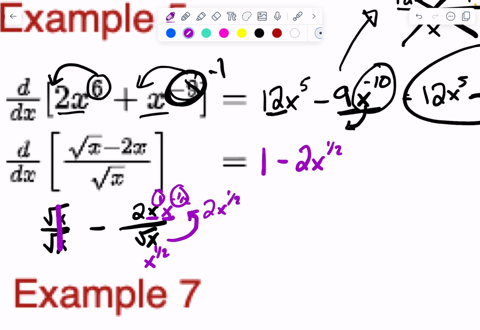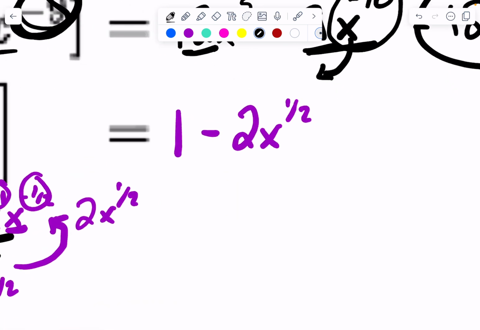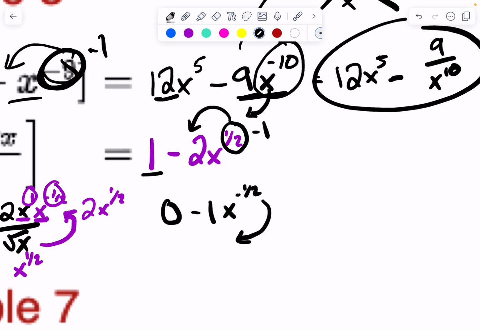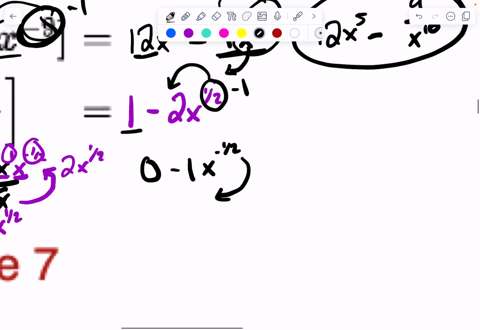The derivative of 1 comes out to be 0. For the other term, I bump the 1/2 down in front, so 2 times 1/2 is 1, with the negative sign making negative 1. If I subtract 1 from the exponent, 1/2 minus 1 is x to the negative 1/2 power. Now it can go back down underneath to make it a positive 1/2 power.